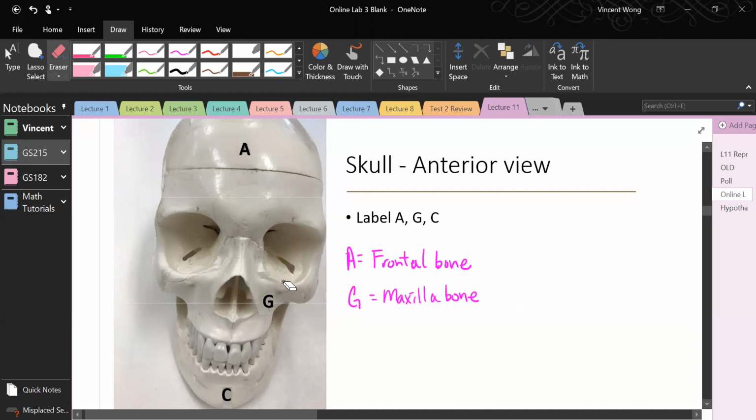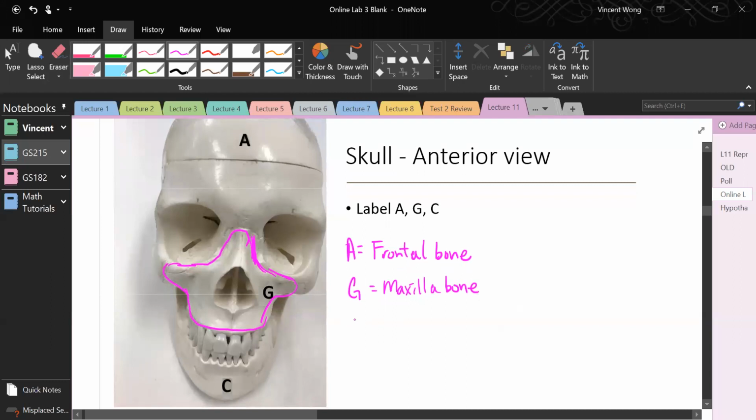It forms the bottom as well as a little bit of the middle of your eye socket. And it also forms the socket for your upper row of teeth. And C, that's the mandible, the only movable bone in the entire head.